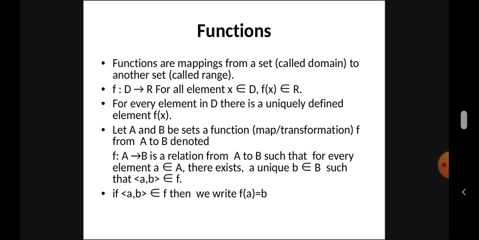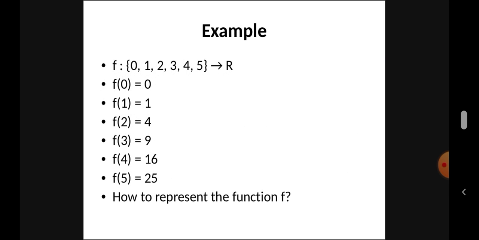Okay, then we have an example. f from {0, 1, 2, 3, 4, 5} to R, and f of 0 is equal to 0, f of 1 is equal to 1, f of 2 is equal to 4, f of 3 is equal to 9, f of 4 is equal to 16, and f of 5 is equal to 25.